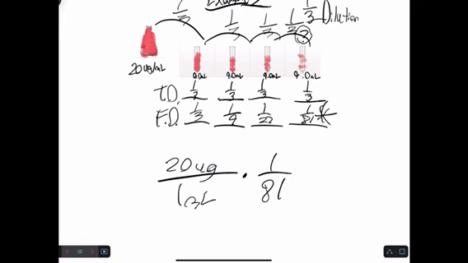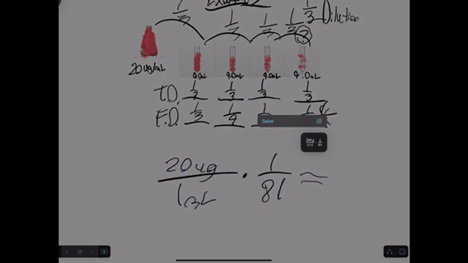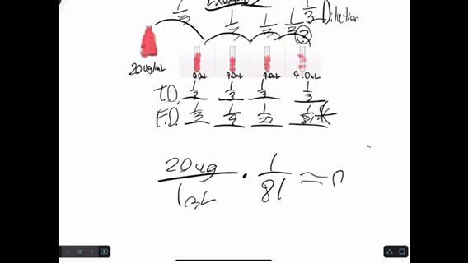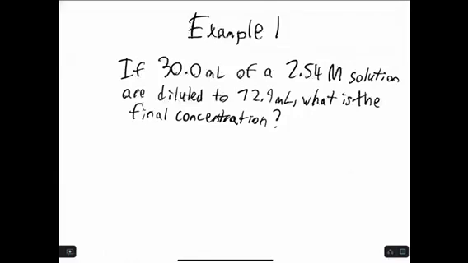So if we times 20, or divide, my bad, by 81, you should get, I'm going to round to the hundredths place here, 0.25. That is our rounded value. If we put this in scientific notation, it's 2.45 times 10 to the negative first. That would be the concentration of this.